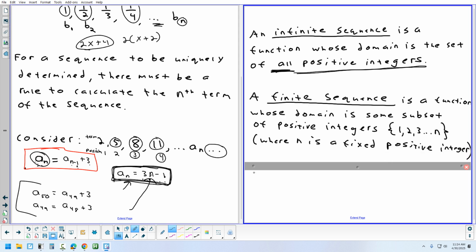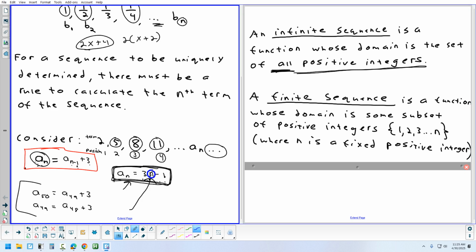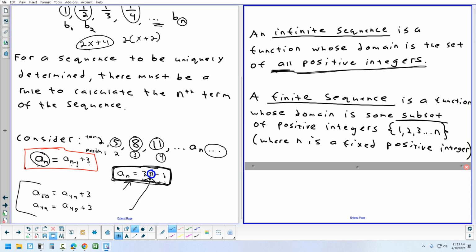Comparing that to a finite sequence, the domain, or the numbers that you are allowed to fill in right here, are not every positive integer. It's only some of them. Because at some point, your formula stops.